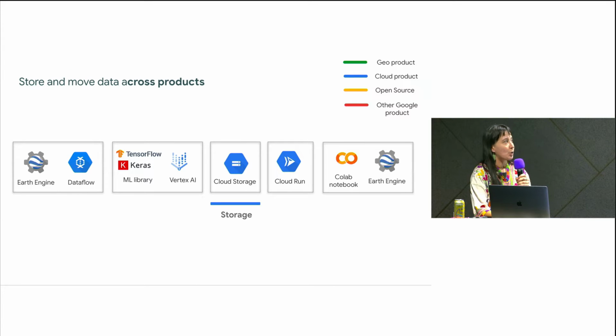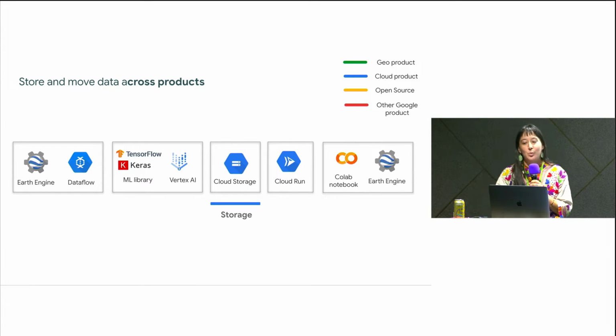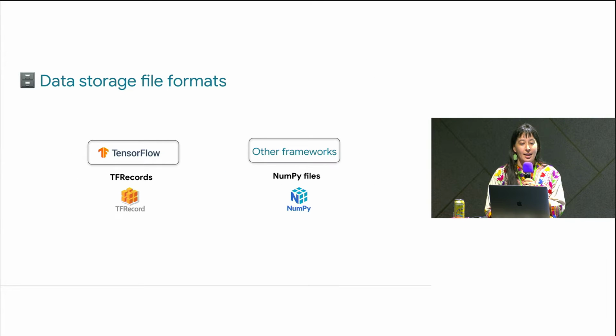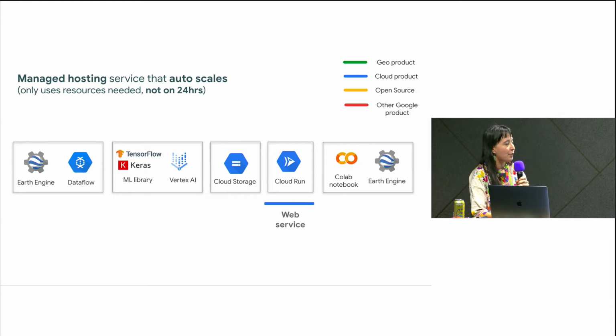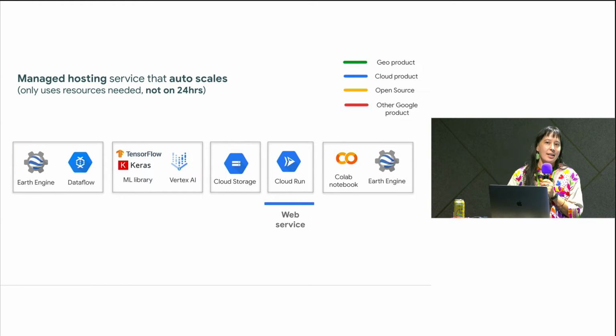Then there's Cloud Storage, which is a bucket that we use to store and move data across the products. And just as a quick fun fact about storing files, depending on the ML framework that you use, you will typically work with TFRecords if you use TensorFlow, and you will use NumPy files for other ML frameworks. Then there's Cloud Run, and if you've heard of App Engine before, they're kind of siblings.